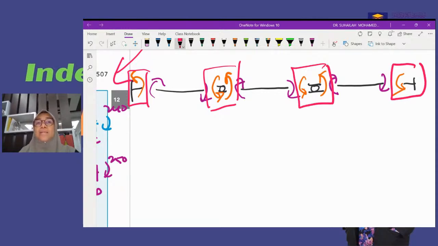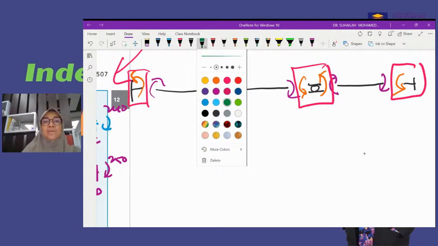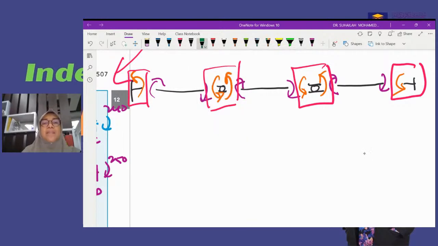Okay, so what is the first member end moment value? The first member end moment value is negative 240, not this one. This is negative 240 and 240. And we have negative 250 and 250. And all this is the purple one.